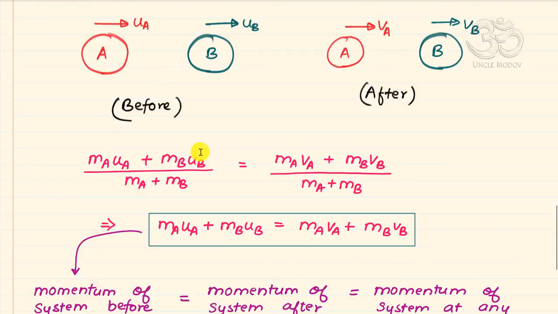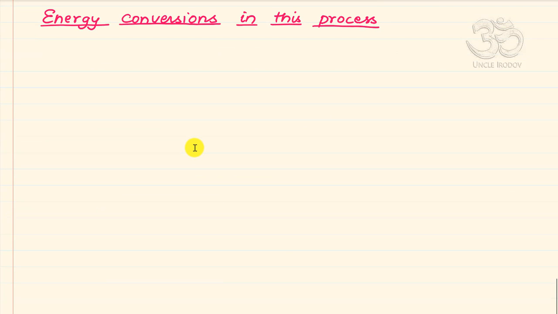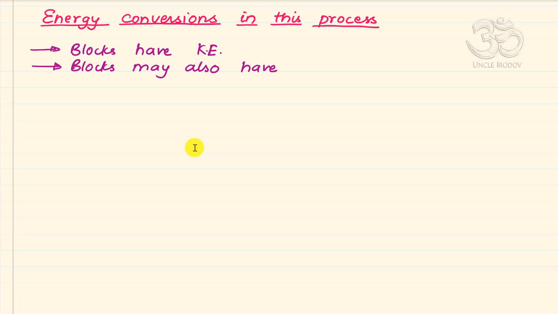So let's keep in mind that we are going to talk about kinetic energy of the blocks. So blocks have kinetic energy KE, and blocks may also have elastic potential energy. Let me say EPE with the E capital.